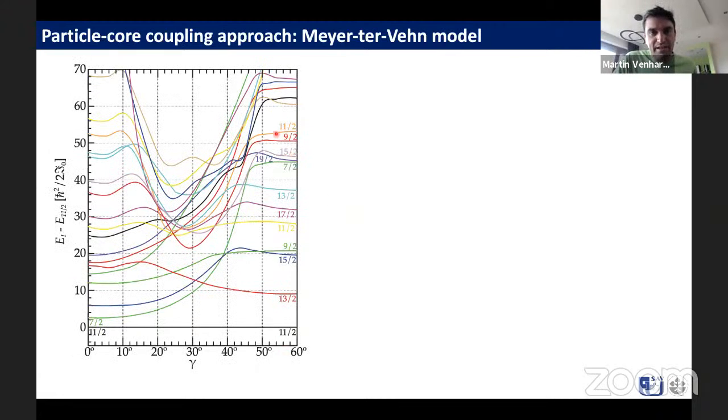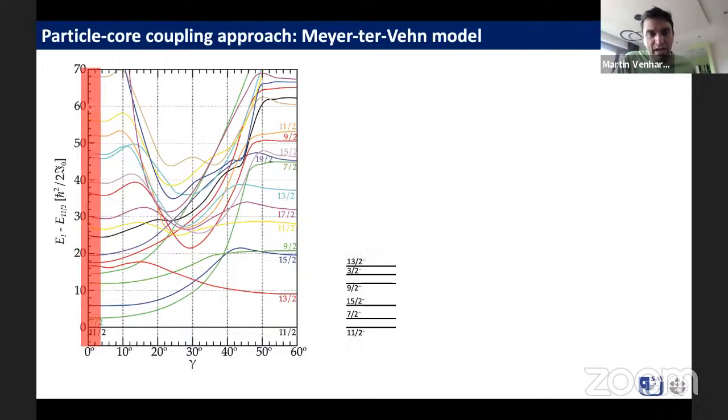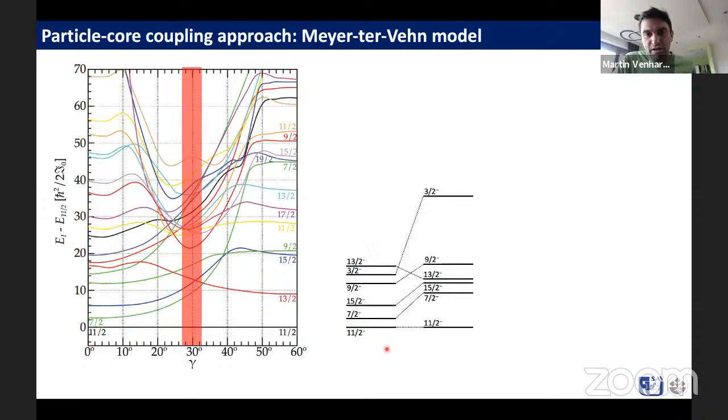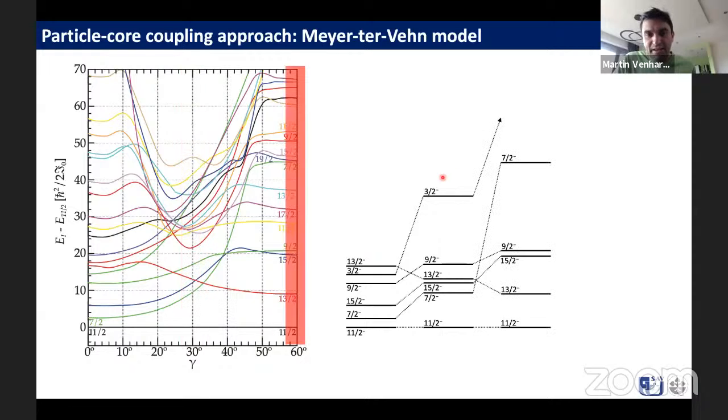I know it's a little bit complicated. So this is the gamma parameter, and the beta is fixed. And these are excited states. So if we take prolate nucleus, it has this kind of spectrum, triaxial in the center, this, and oblate like this. And you see major difference, let's say 3½ minus, how it is going up. 7½ minus is strongly sensitive to this.